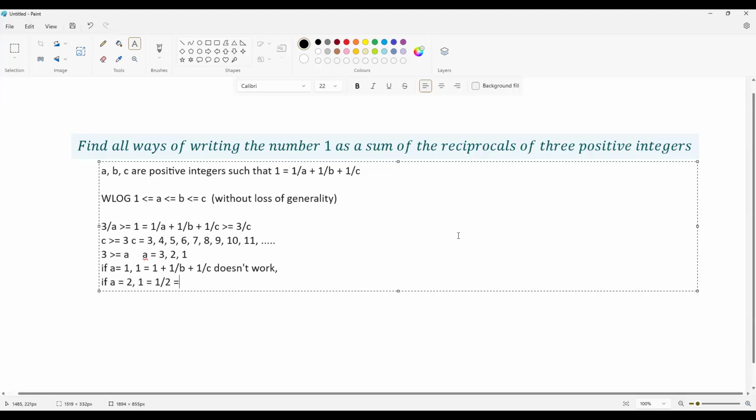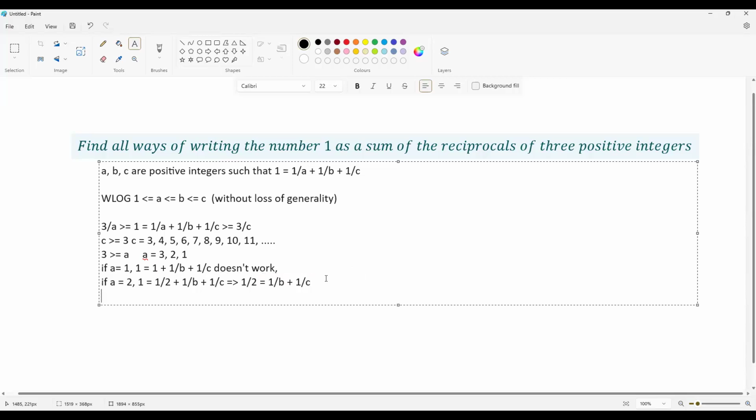What if A is equal to 2? Then 1 is equal to 1 over 2 plus 1 over B plus 1 over C, which means 1 over 2 is equal to 1 over B plus 1 over C. Now we're stumped a bit, right? Obviously B has to be greater than 2, because otherwise this is too big. So let's say if B is equal to 3, and 1 over C is equal to 1 over 6, means C is equal to 6.